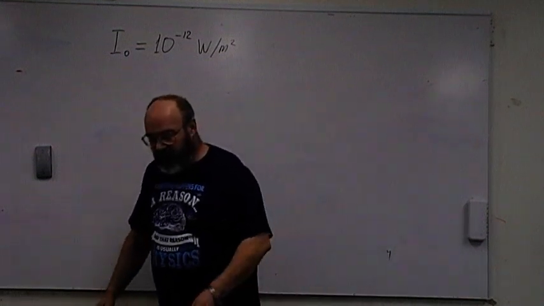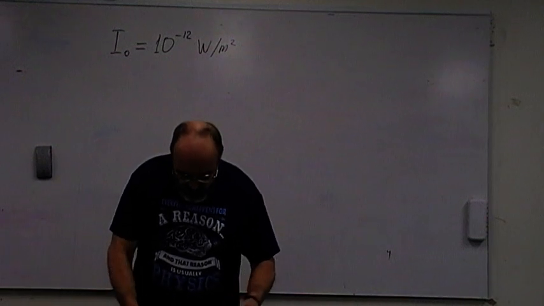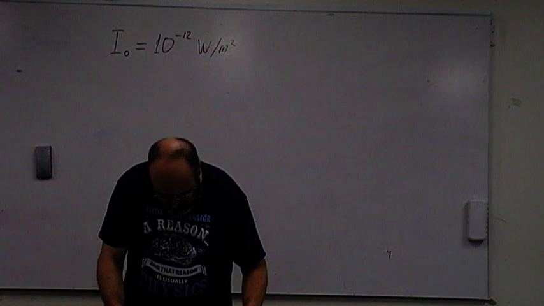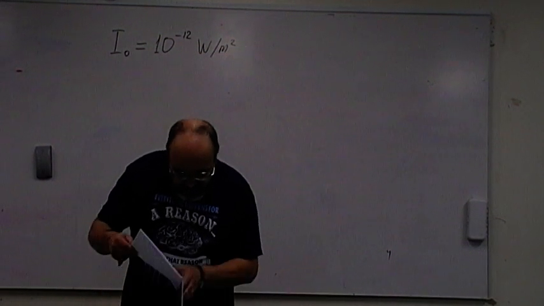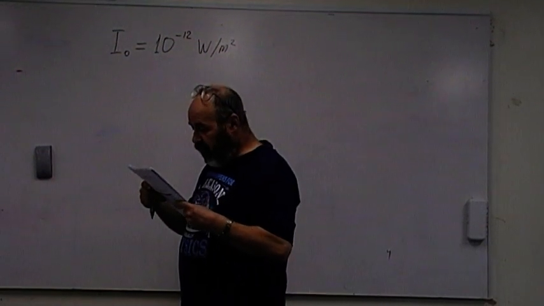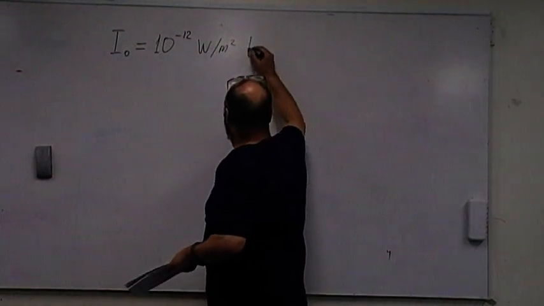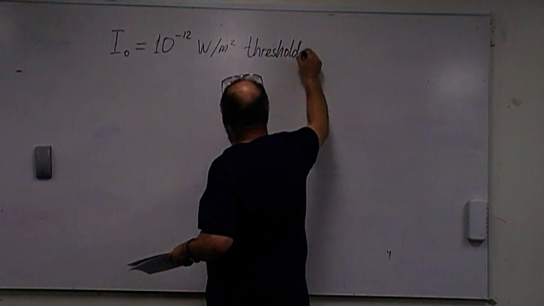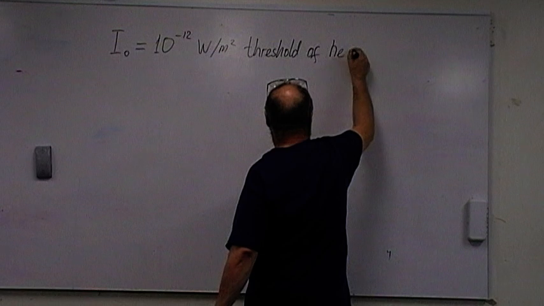And let me give you some examples of the sound intensity of different sounds. For example, that's called the threshold of hearing. Threshold of hearing, the softest sound that we can hear.